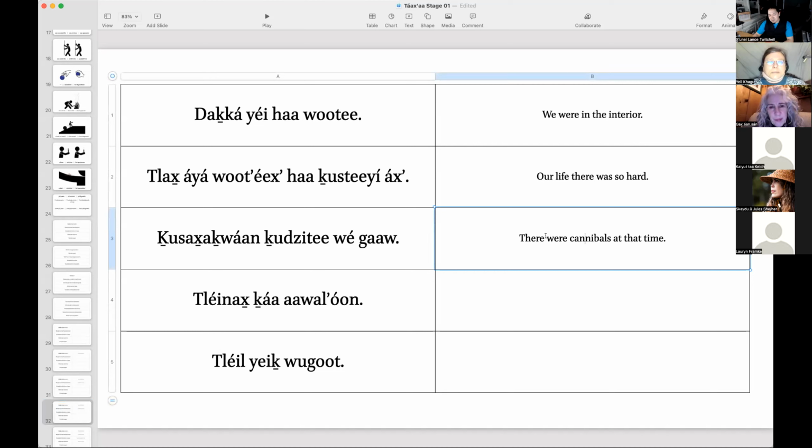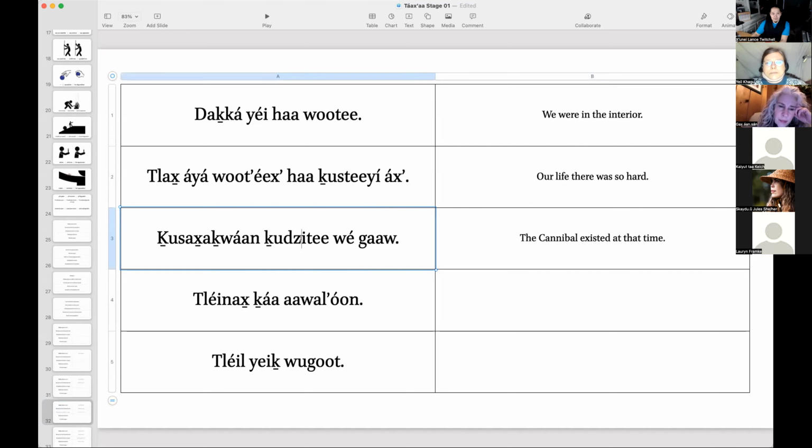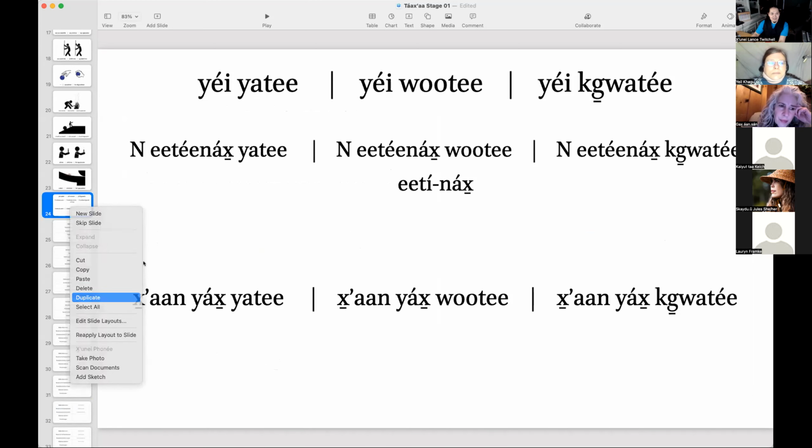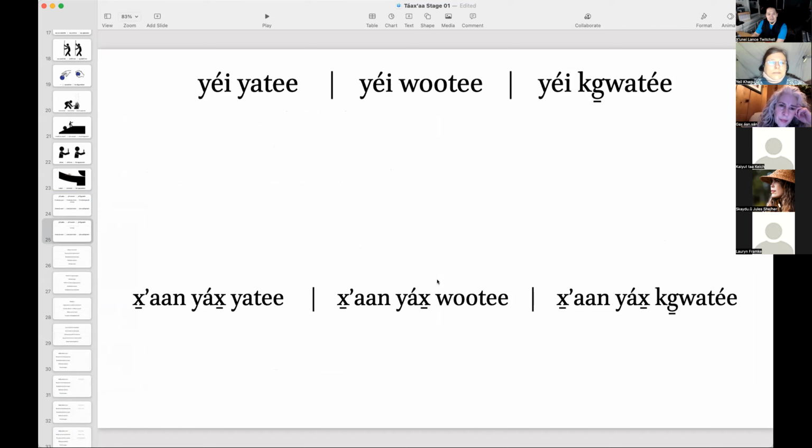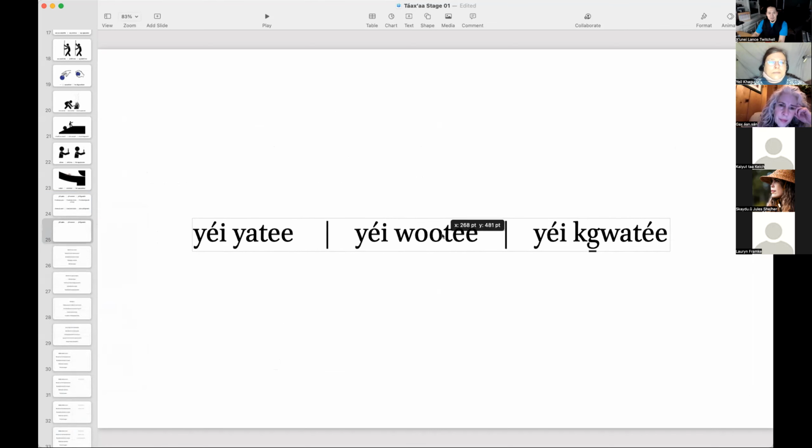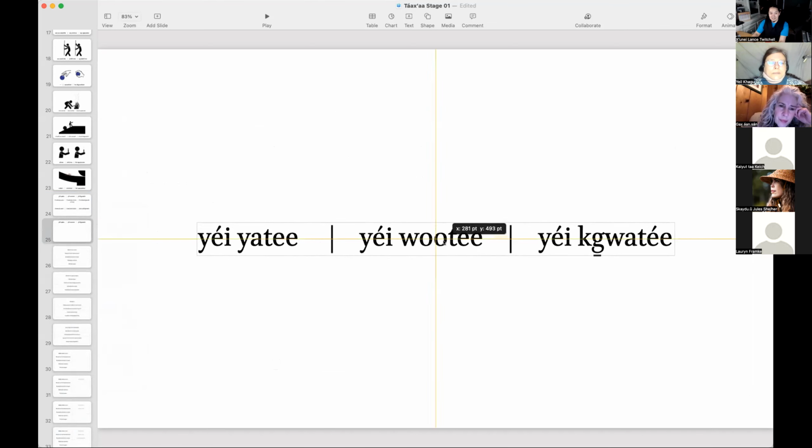But as I sort of thought about this more, I might just say the cannibal existed. And what's interesting too, here's another verb. We'll do another one of these little verb exercises. So if we took this one, this is the same verb root, but we're going to change it. We're going to say kudziti.